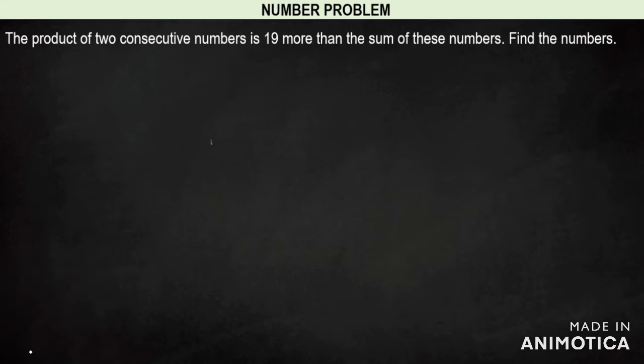For the last number problem, we have the product of two consecutive numbers is 19 more than the sum of these numbers. Find the numbers. Okay, so we have to define first the variables.